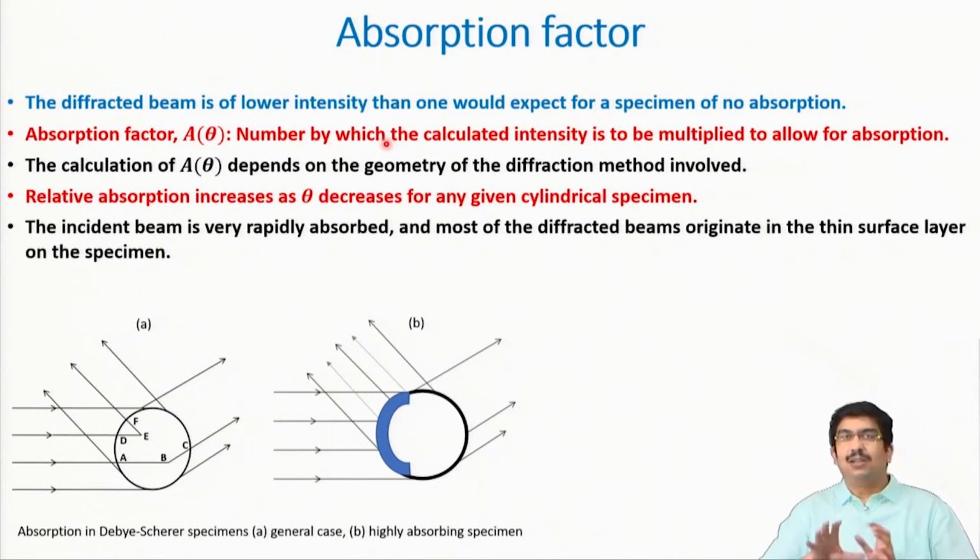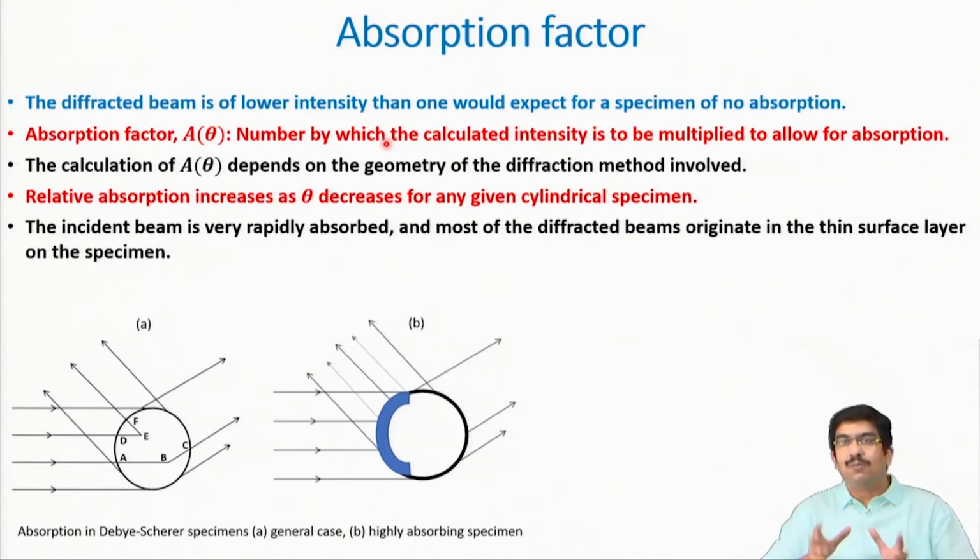Now, the calculation of this absorption factor is related to the geometry of the diffraction method involved. We are not going into the geometry of diffraction, we are vaguely saying we can have various types of geometries. For example, the Laue diffraction method, Debye-Scherrer diffraction method, powder diffraction method, various types of diffraction experiments, where ultimately it is all about satisfying Bragg's condition.